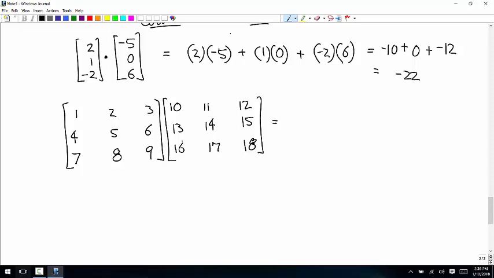Then the output is going to be a matrix. And the way you calculate it is dot product between row 1 and column 1 gives you the 1, 1 element. And if you take the dot product of 1, 2, 3 with 10, 13, 16, you get, I believe, 84.